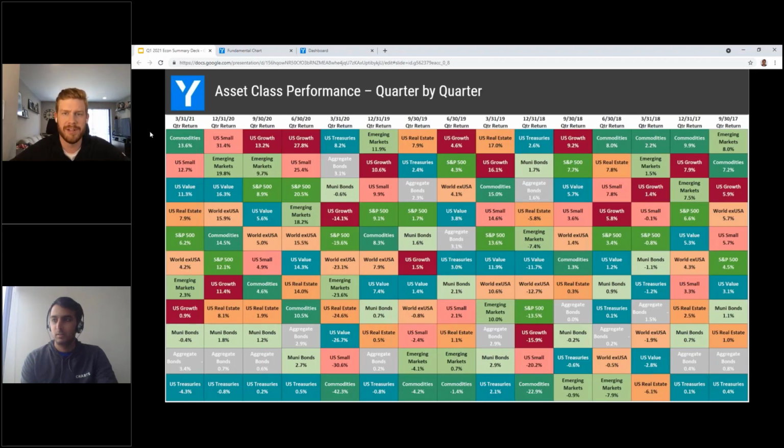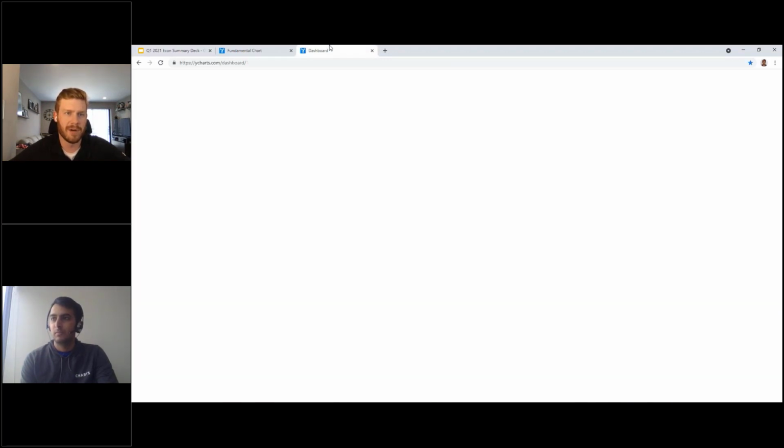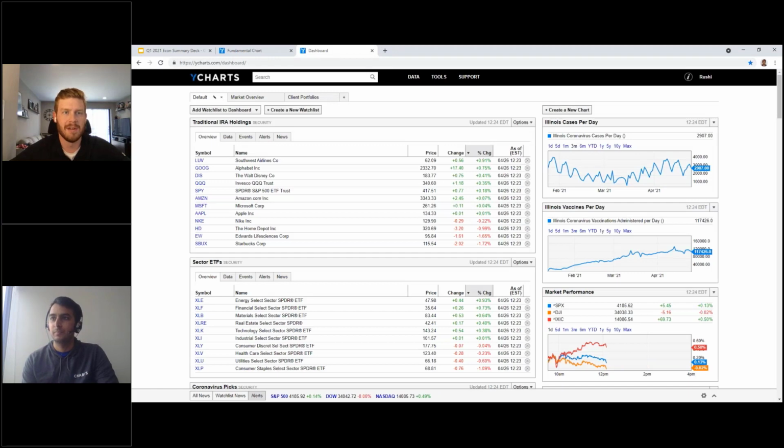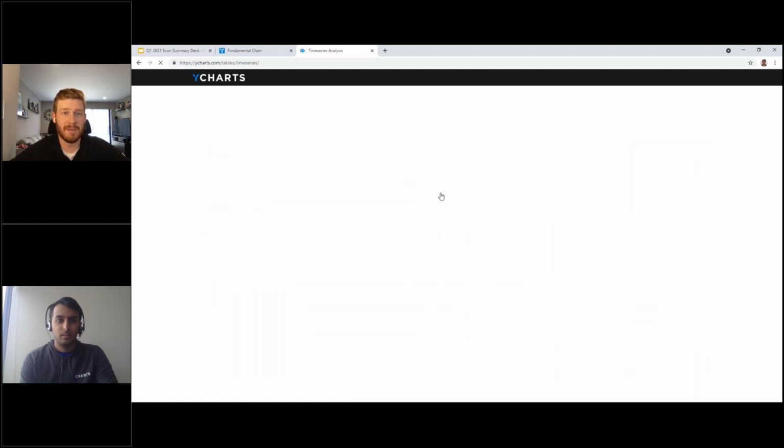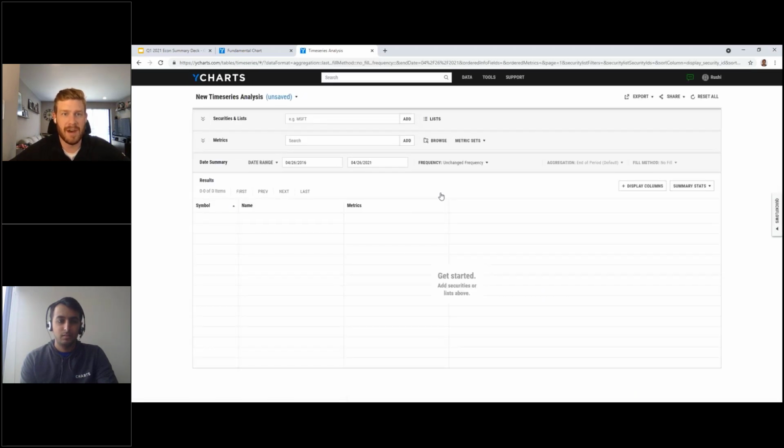Rushi, could you quickly jump into YCharts just to demonstrate where everyone can get this data from? Because we make it so easy to export this data from YCharts. If you just click Tools and then go into Time Series Analysis, anytime you're working with large amounts of data, especially if you want to export it from the tool, Time Series is a great place to go.